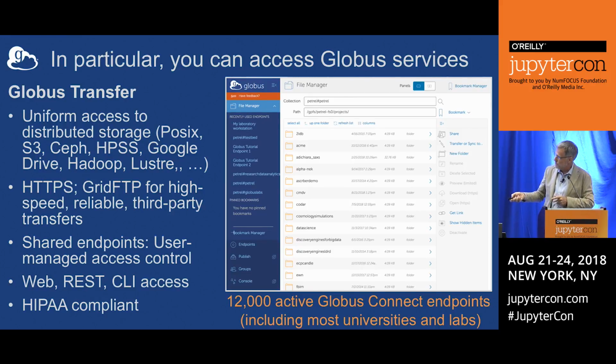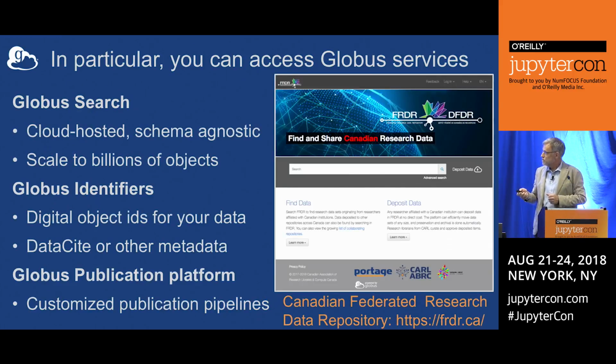And for those of you who are perhaps from the National Cancer Institute or elsewhere, or work with sensitive data, these mechanisms are HIPAA compliant, so they can be used to transfer sensitive data, which is important for many. We also provide a number of other services. Globus Search lets you create indexes of data that may be distributed over many locales.